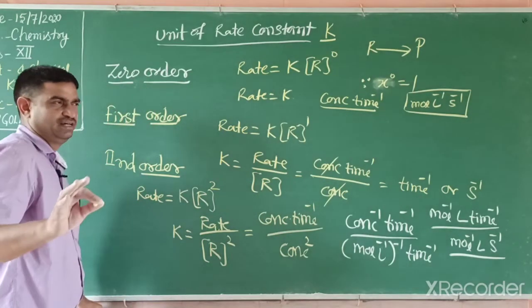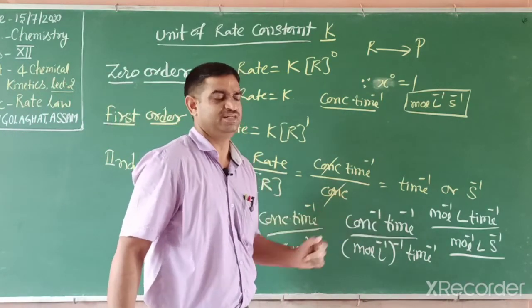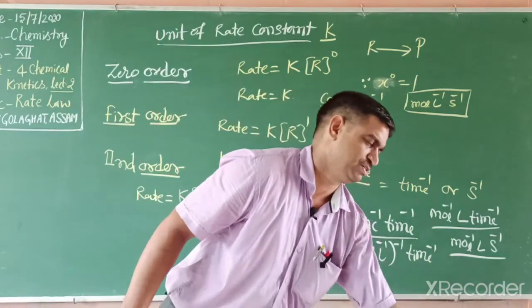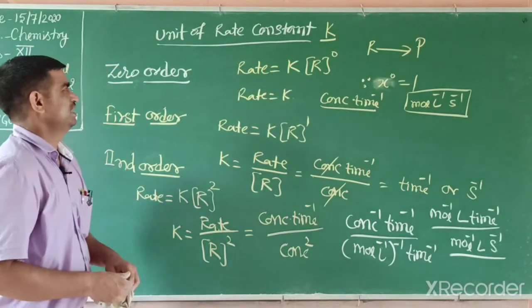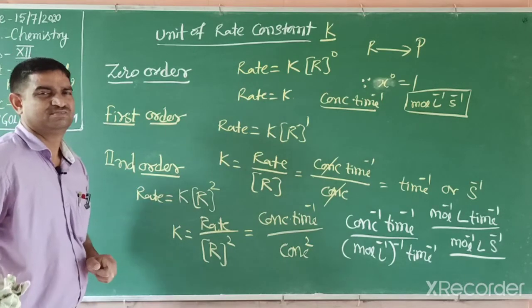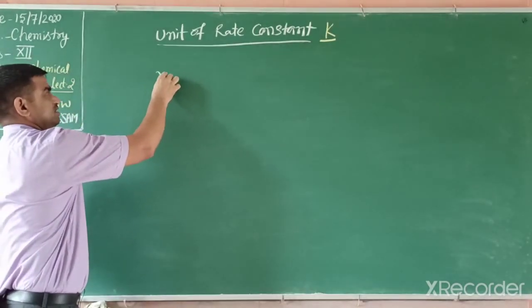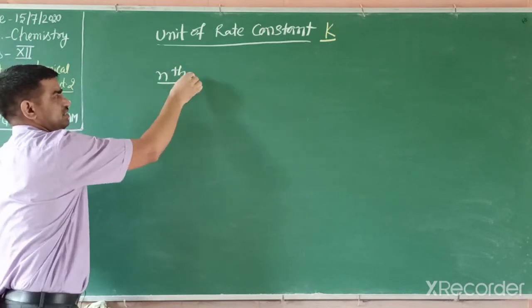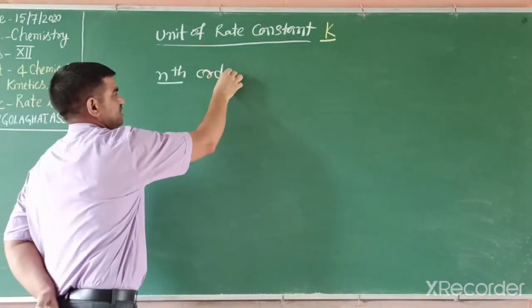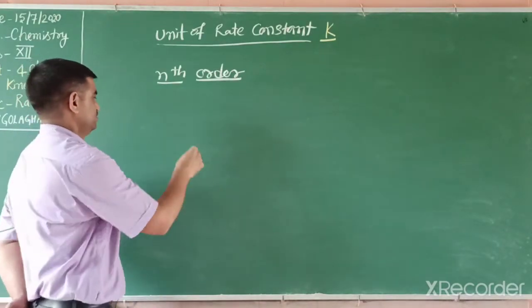In some numericals the unit of rate constant is given, and by that constant we identify the order and write the rate law expression. So how can we write a general expression for the rate constant unit? For an nth order reaction, how can we find out the unit of rate constant?